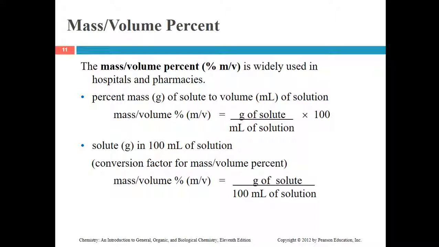That is because you're going to put a solute that's probably a solid, and you're going to put it in milliliters of your solution. And so that is the percent mass of solute to volume milliliters of solution. Then our formula here is grams of solute over milliliters of solution times 100. We could say the solute in grams in 100 milliliters of solution to find the mass volume percent for our conversion factor. It's another way to do that.